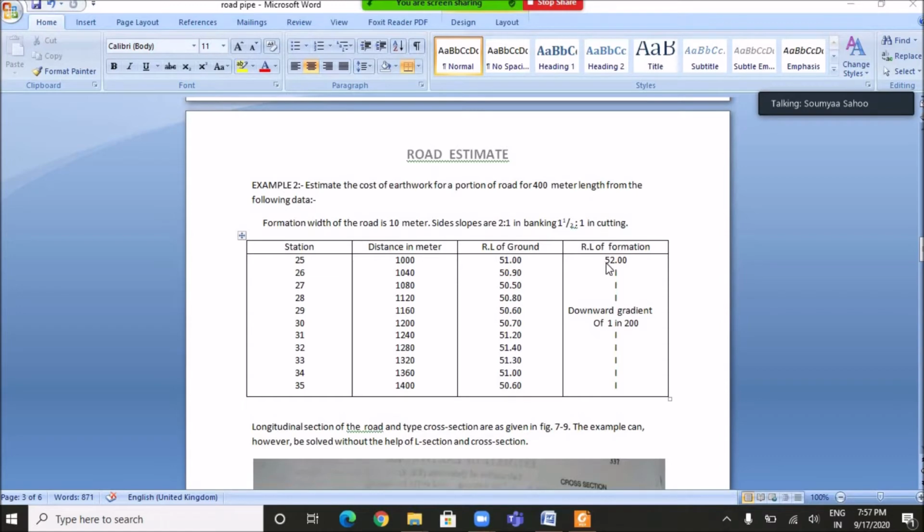And the reduced level of formation at station number 25 is 52 meter, and we are having the road with downward gradient of 1 in 200.